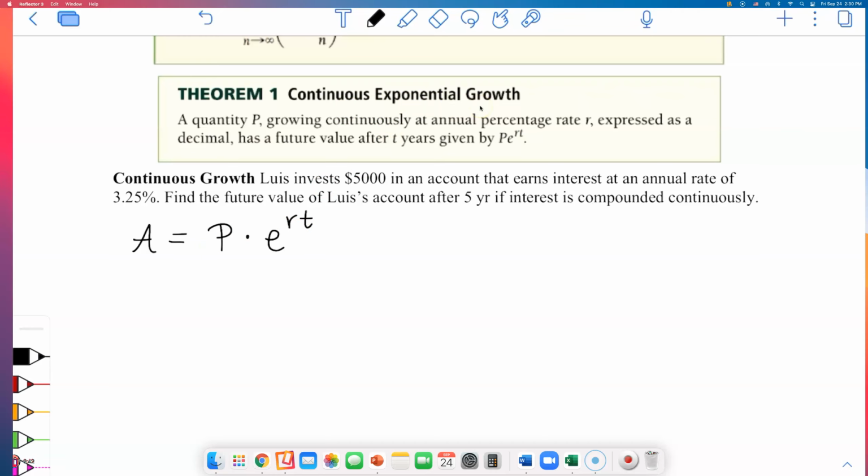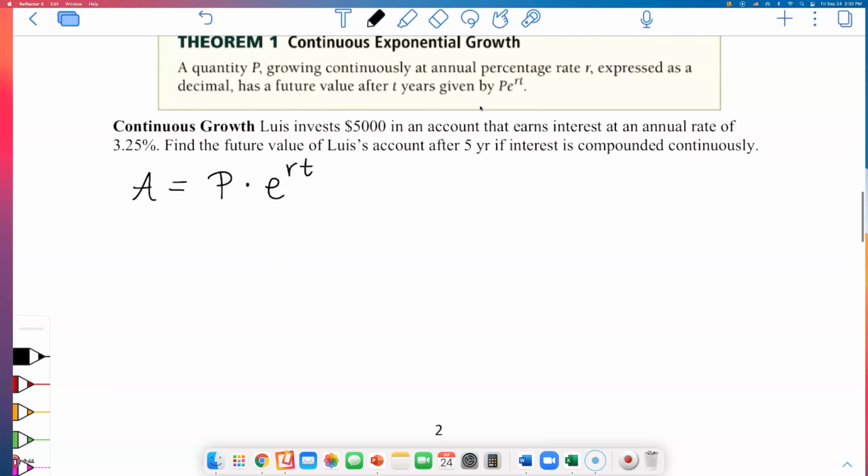Let's answer this question. Luis still has $5,000, but this time he is investing at an annual rate of 3.25%. Find the future value of Luis's account after 5 years. And here comes the keyword: if the interest is compounded continuously.